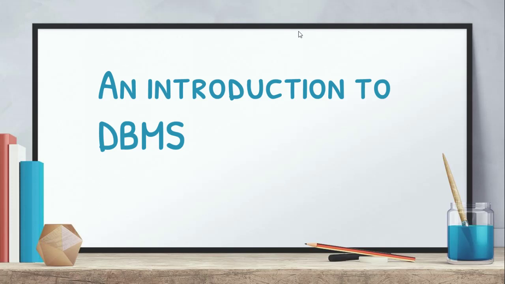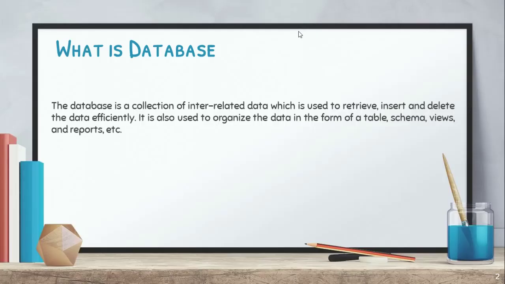The database management system is software. It is used to manage the database. What is a database? The database is a collection of interrelated data which is used to retrieve, insert and delete the data efficiently.